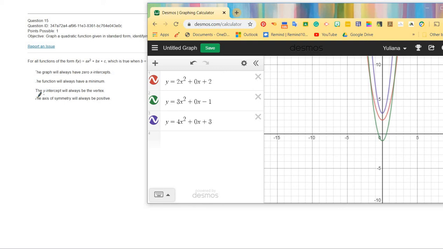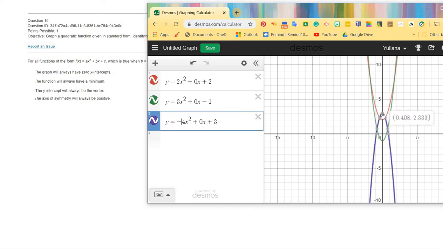Okay, so what you'll notice they all have in common, right? So if I look at these, it says the axis of symmetry will always be positive. Well, the axis of symmetry is actually 0, so that's not true. The y-intercept will always be the vertex. That's true in this case, right? Look, it's crossing the y-axis right where its minimum is, or if I had a negative value here where its maximum would be, but it'd still be crossing it right at the y-axis.